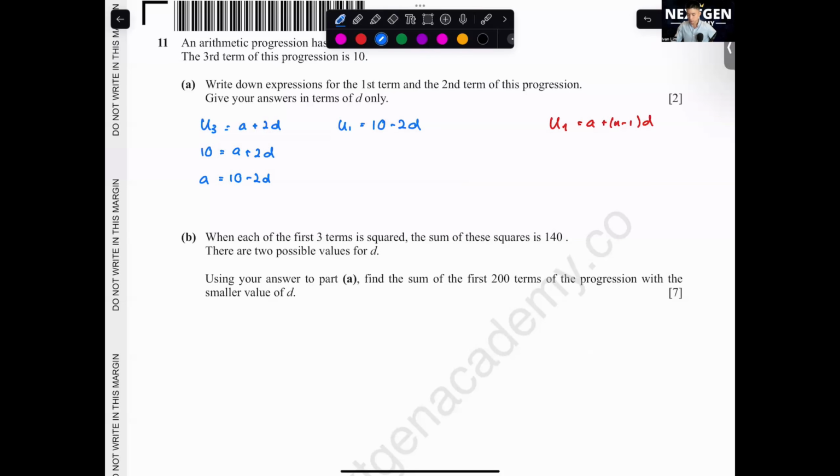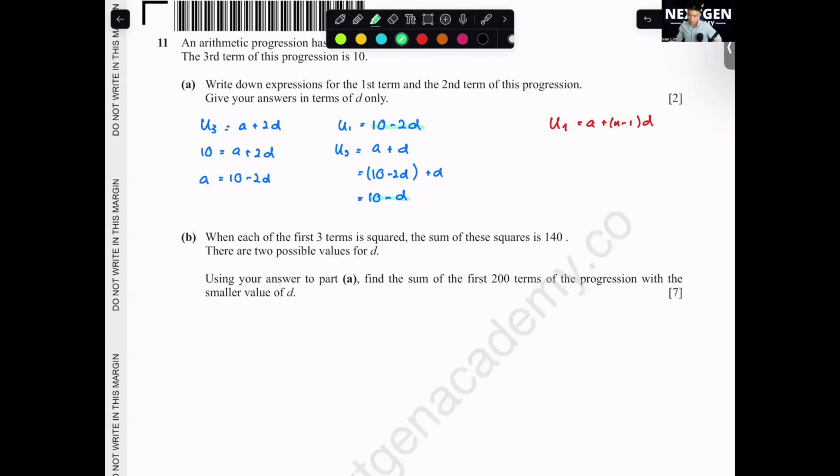Okay, what we just found, a. Second term is a plus d. So 10 minus 2d plus d. Okay, which will get 10 minus d. So you just need to present these two answers, 10 minus 2d and 10 minus d.